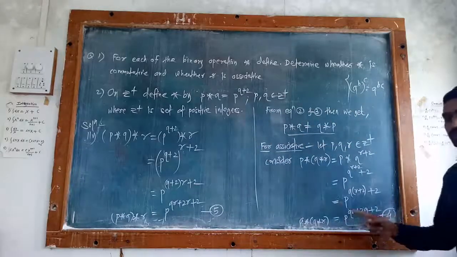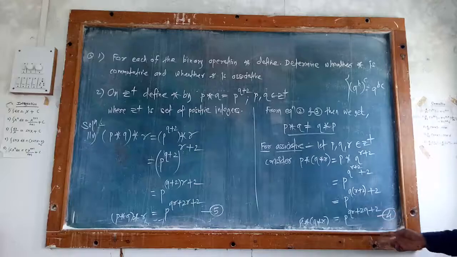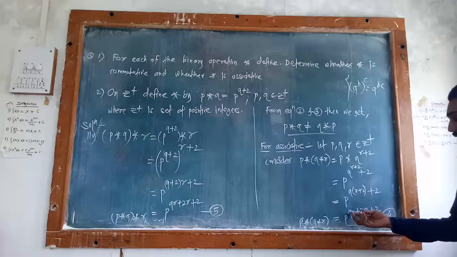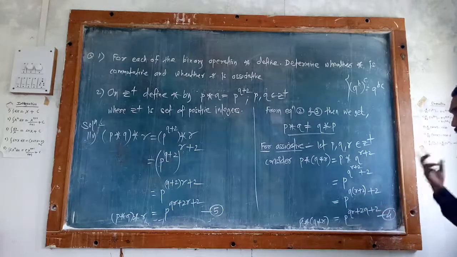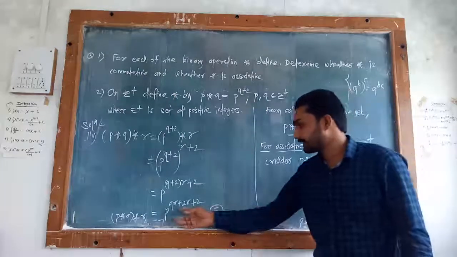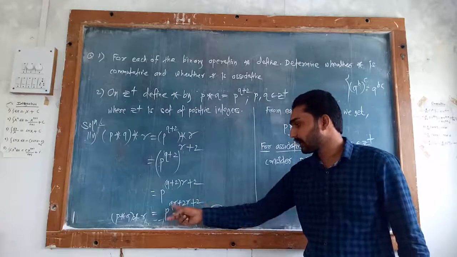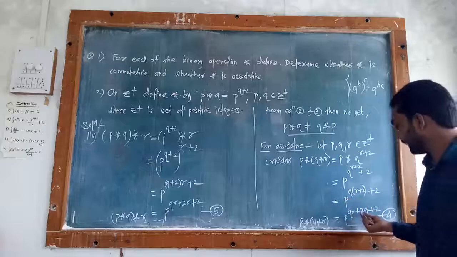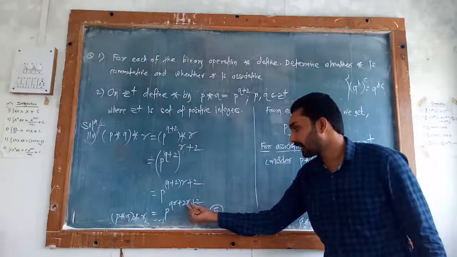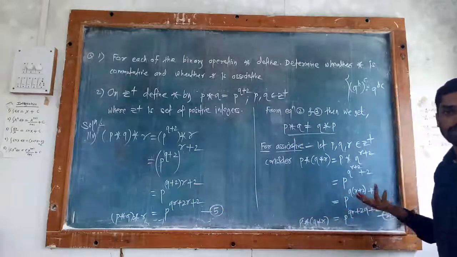Now from equation 4 and 5, what is the right hand side of equation 4? That is p raised to qr plus 2q plus 2. What is the right hand side of equation 5? That is p raised to qr plus 2r plus 2. Here it is 2q and here it is 2r, so r is not equal to q.